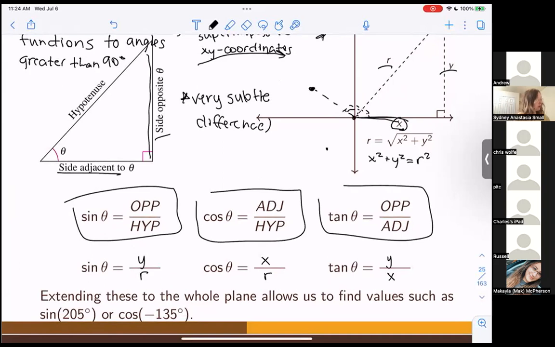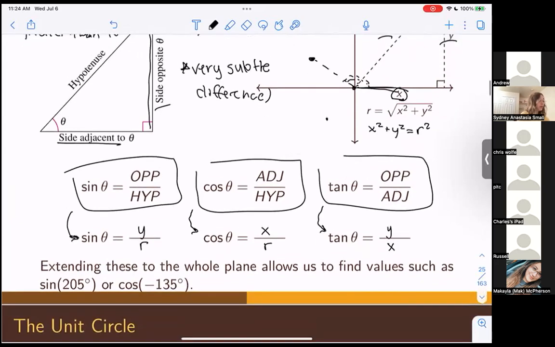So just by making this connection here, we are able to expand our trig functions to include so many more different examples, which will be very helpful when doing some calculations further on. This would allow us to compute something like the sine of 205 degrees or the cosine of negative 135 degrees, which, if you remember, for a negative angle we would rotate clockwise to get to.